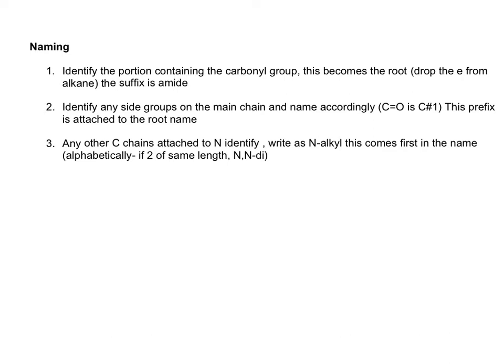If there's any side groups on that chain, you're going to name them, like methyl or ethyl, and you're going to put in a number for where they are relative to the C double bond O. And this prefix is going to be attached to the root name, so something amide. If there's other carbon chains attached to the nitrogen, you're going to name them as an N-alkyl group. And we're going to do those alphabetically in front.